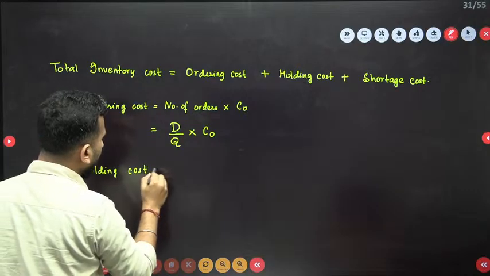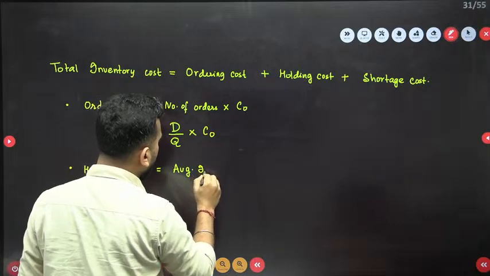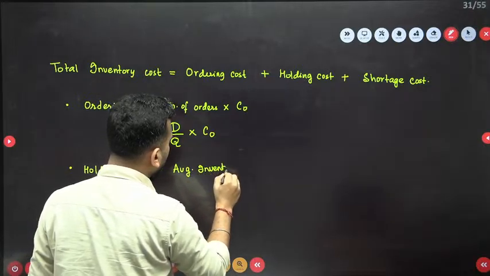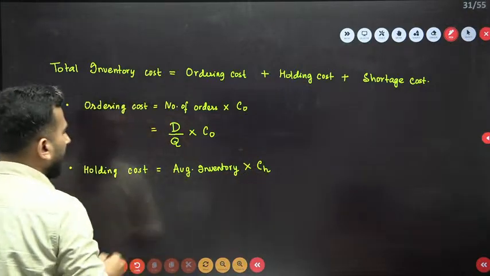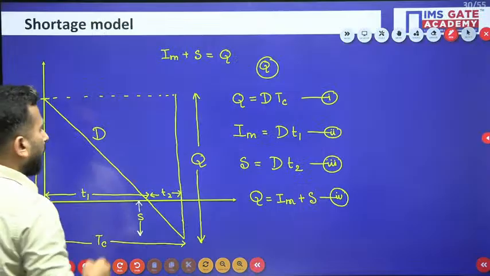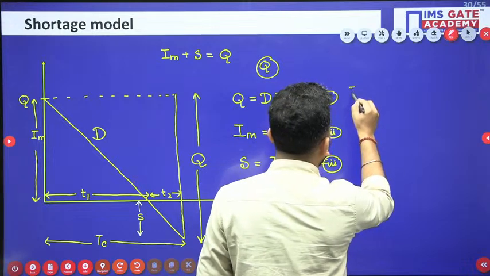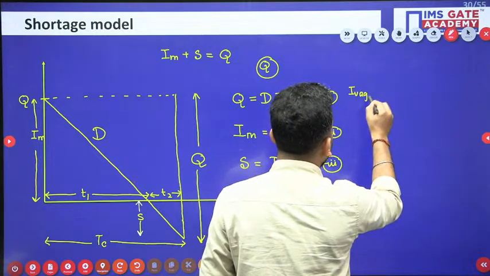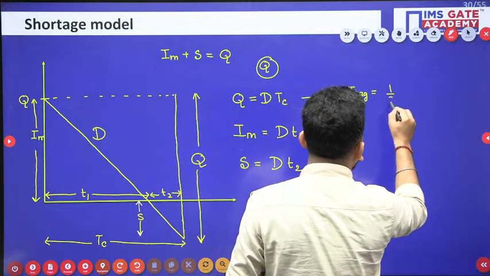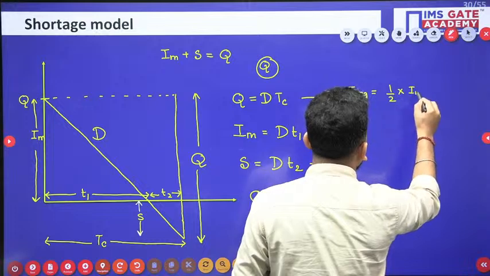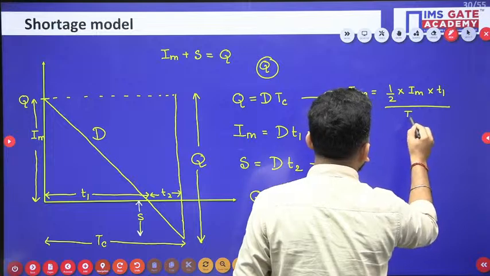I told you yesterday that it is the average inventory into the cost of holding per unit per item. For average inventory, I gave you a formula yesterday: the area till which inventory is there, that is half into IM into T1, divided by the total cycle time TC.